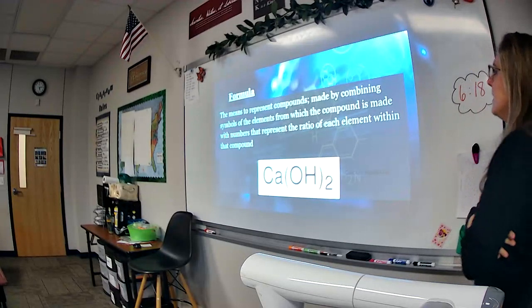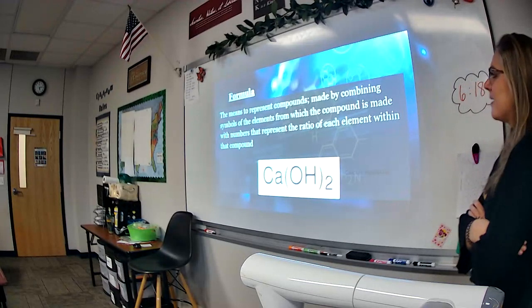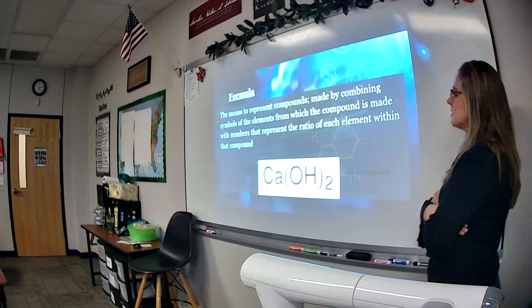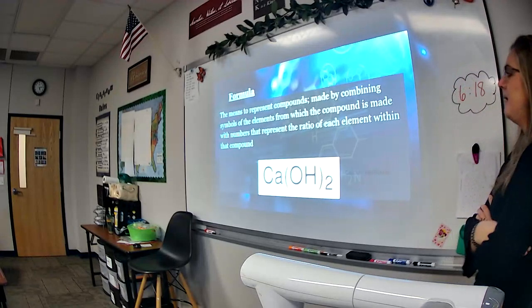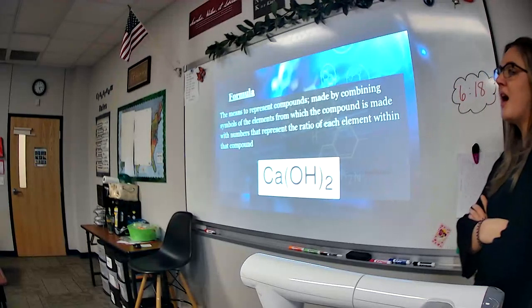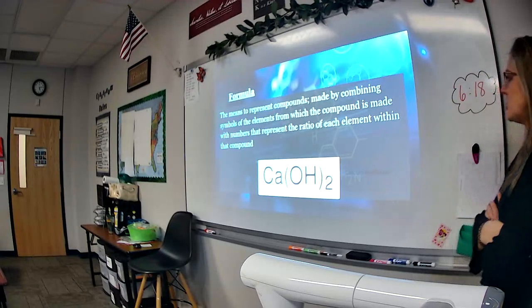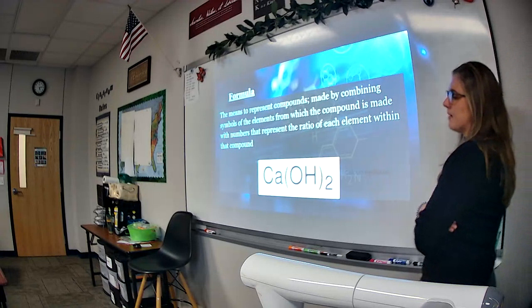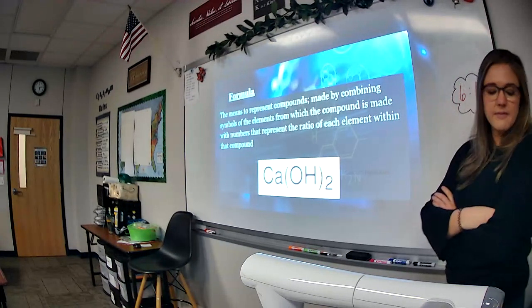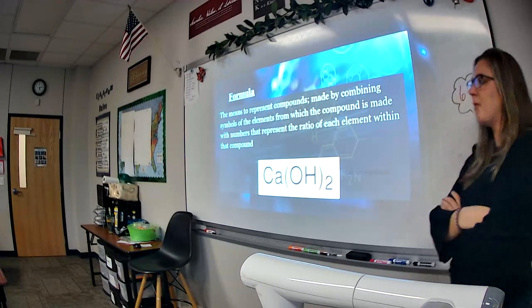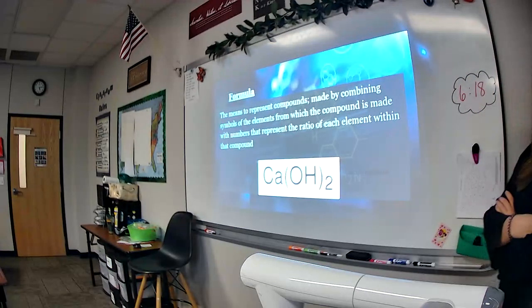Okay? The formula is made by combining the symbols of the elements from which the compound is made with numbers that represent the ratio of each element within that compound. Basically, you have the symbols of the elements combined with the numbers of how many of that element there are.